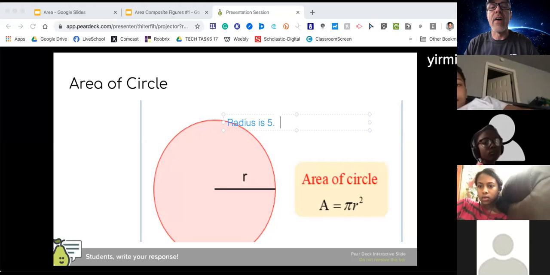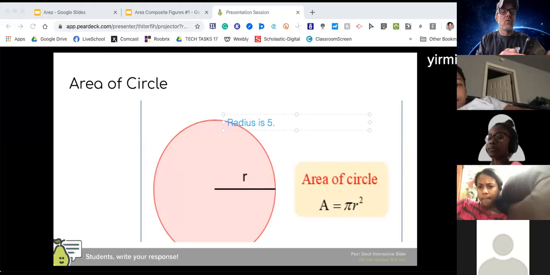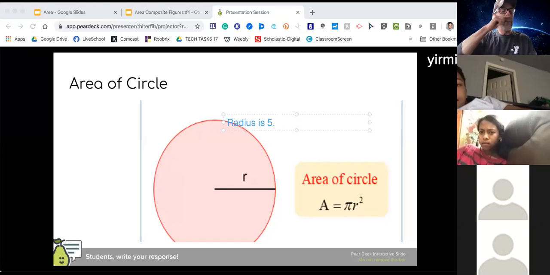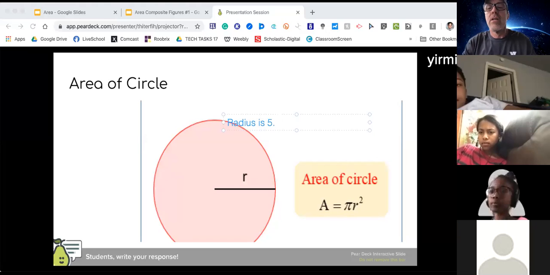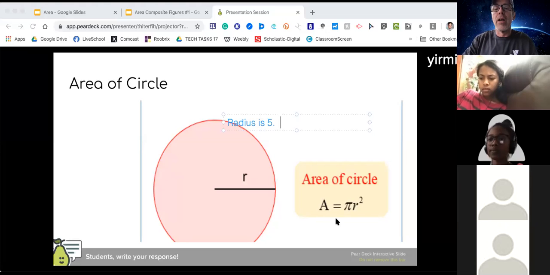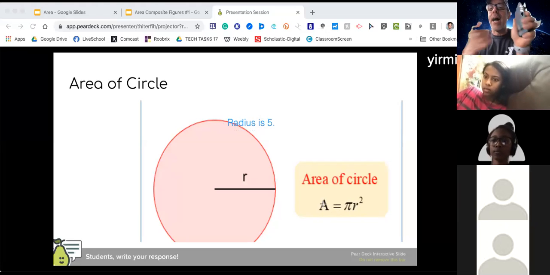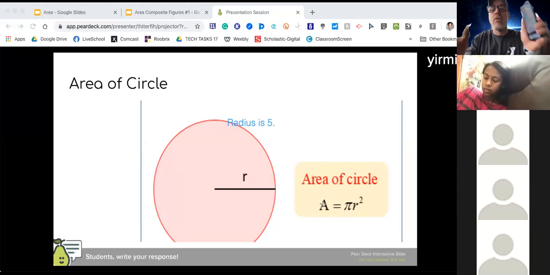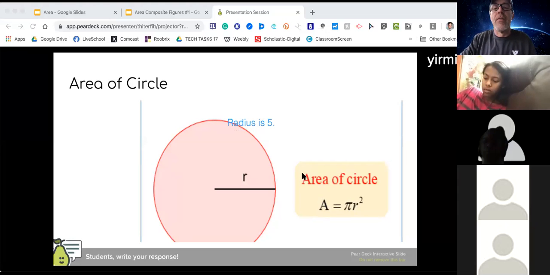If the radius is 5, what is the area of that circle? So the radius is 5, and plug in your formula here. Type it on the Pear Deck, please.